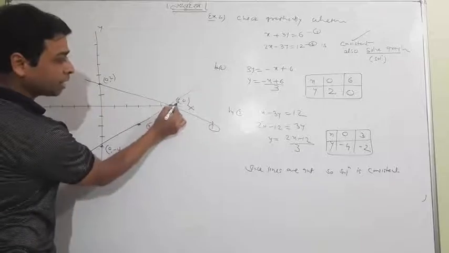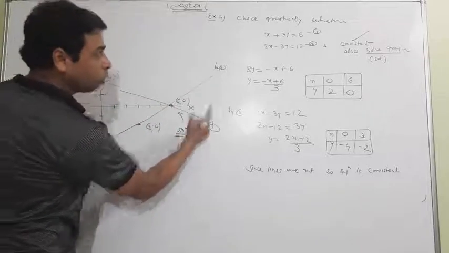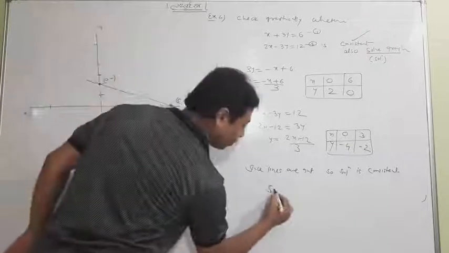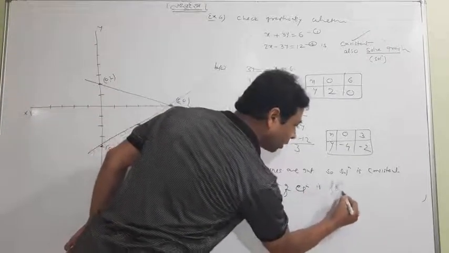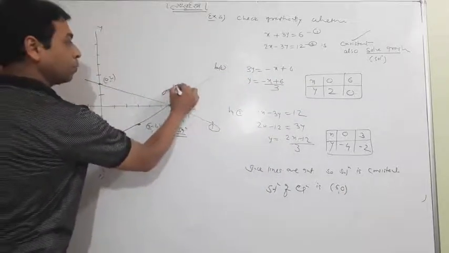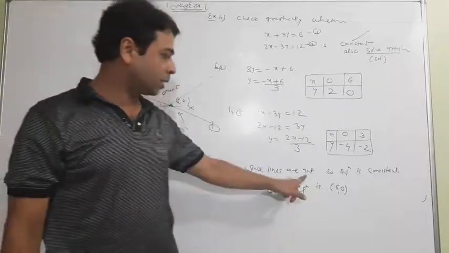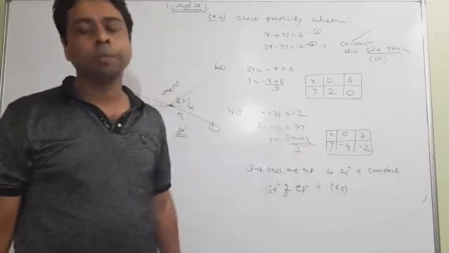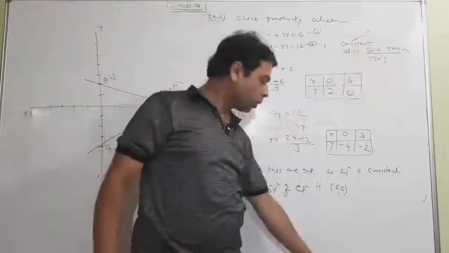Lines are meeting at 6 and 0, meaning this is the solution of these two lines. Also, the solution of the equations is 6 and 0. And how many solutions is it? It is one solution. That's why it is also called a unique solution. I taught you that when lines are intersecting, the system has a unique solution. And this is 6 and 0. It is also called a consistent solution.